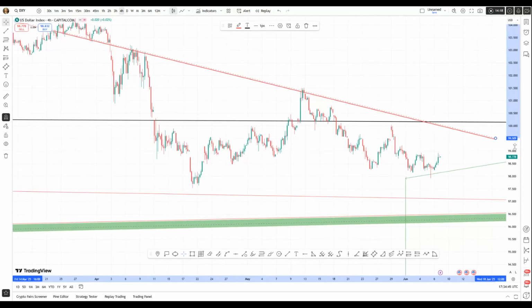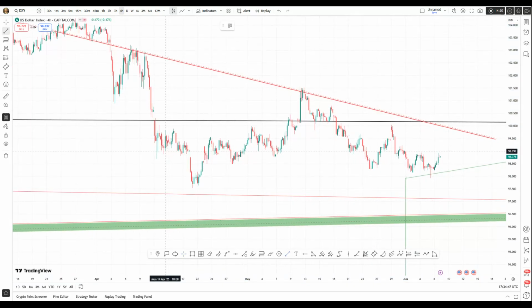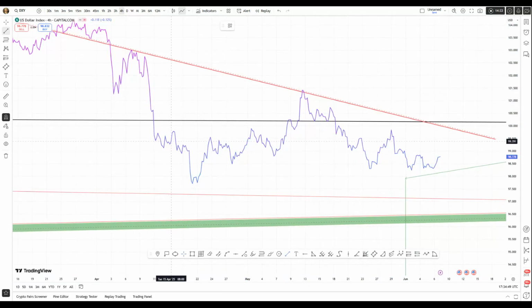Now look at what the market has done. It picked liquidity. There's also another structure here. If you look critically, you will see it too.